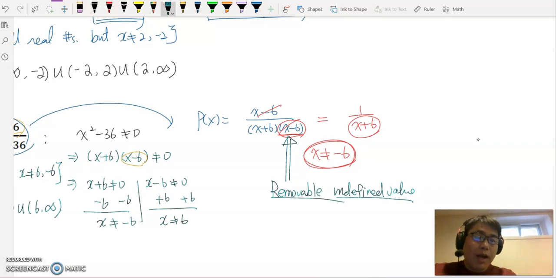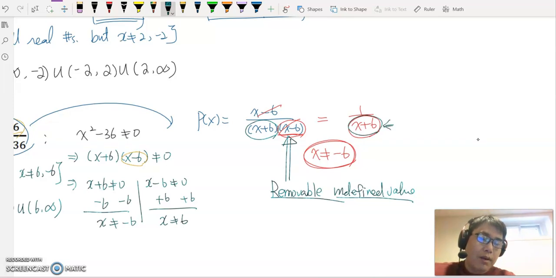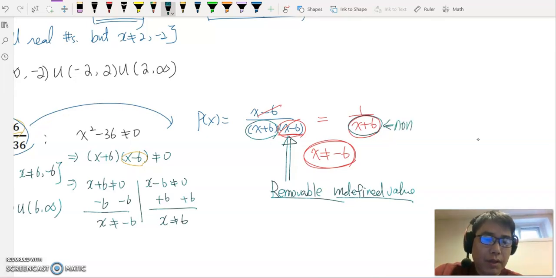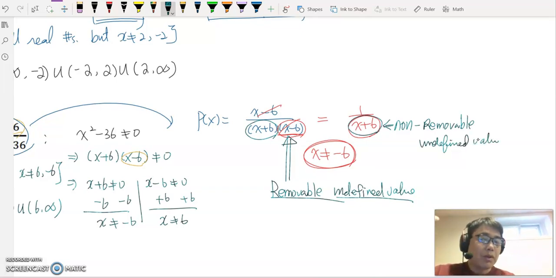Now x plus 6, it still stays here. So even though we simplify that, it still stays in the denominator. So this kind of value, we just say that is a non-removable undefined value. Okay?